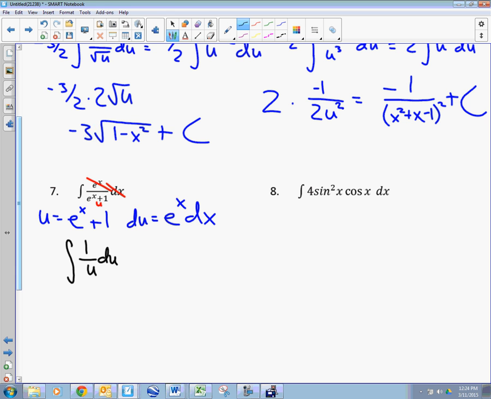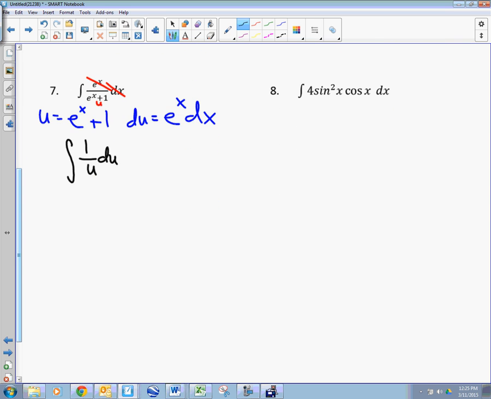The antiderivative of 1 over u is natural log of u. Remember? You take the derivative of natural log of x, you get 1 over x. So natural log of u plus c. So we plug u back in and we get natural log of e to the x plus 1, plus c.